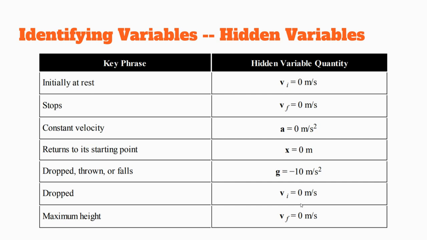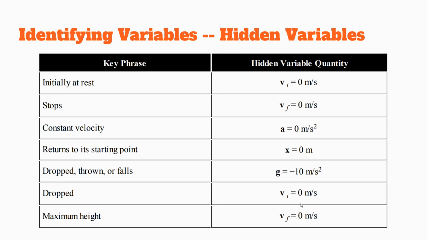When you say stops, then final velocity is 0. When the question says constant velocity, it means acceleration is 0. When the question says something returns to its starting point, then the displacement is 0.